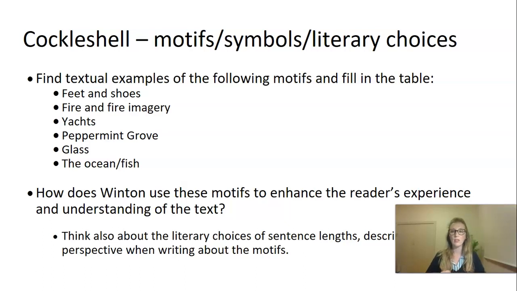So the motifs that you're going to be looking out for, finding textual examples, quotes for, include feet and shoes, fire and fire imagery, yachts, peppermint grove, so nature, glass, the ocean, and fish.